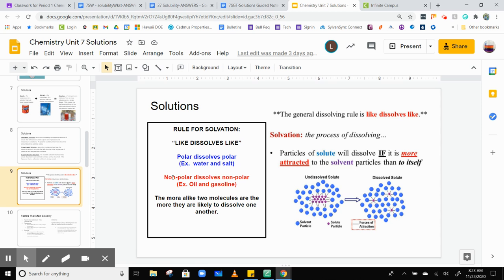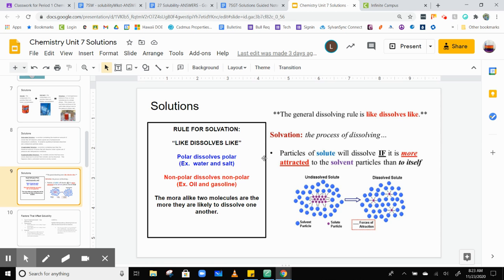The reason for that is because the solute particles and the solvent particles are attracted to one another. In order for them to mix, the solute intermolecular forces and the solvent intermolecular forces have to be broken temporarily. They won't be broken if the solvent-solute particle interactions are not similar.